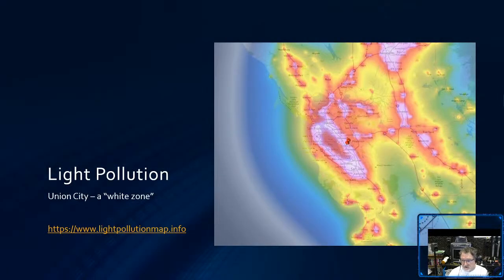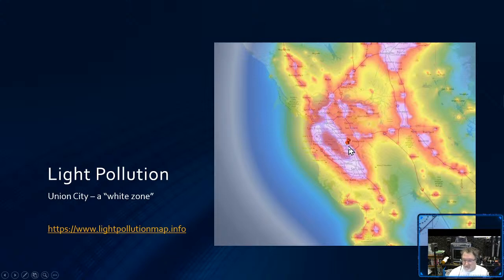So, light pollution. I live in Union City, which is a suburb of the San Francisco Bay Area, right here where this pin is, and this is what's known as a white zone, which is the worst light pollution on the scale. It's pretty bad. So how do we deal with that?